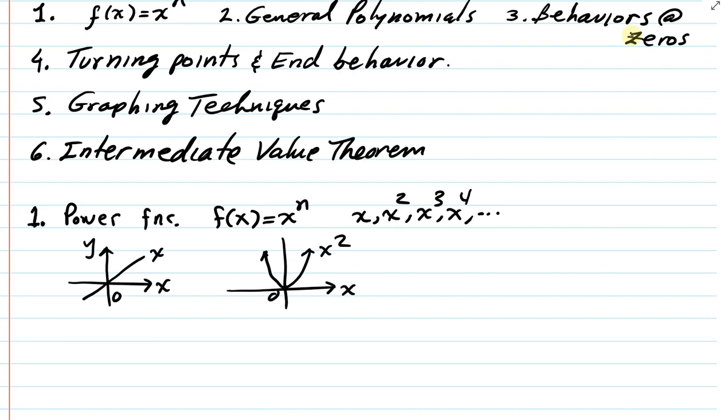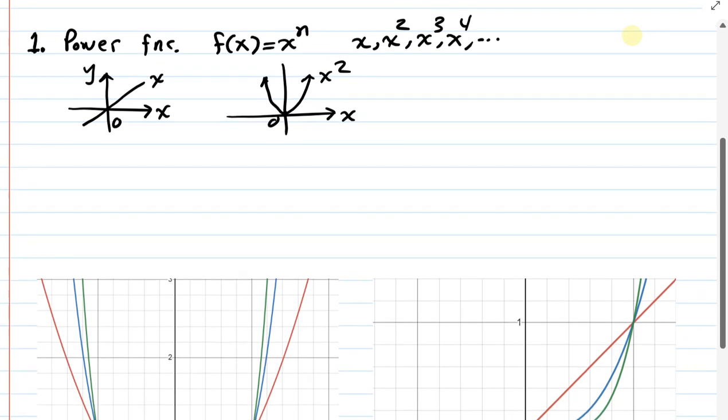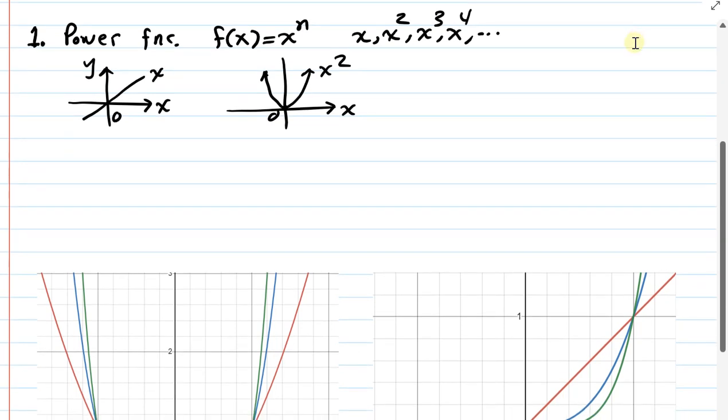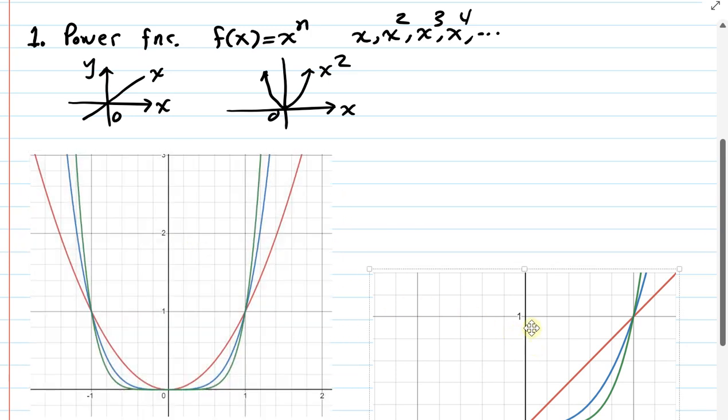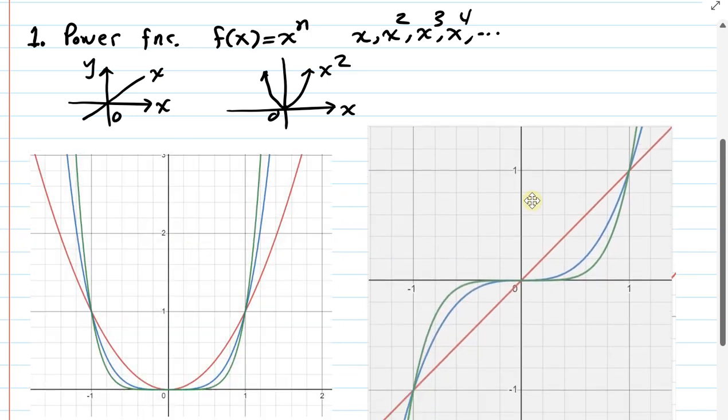We have seen that one before. So what happens as the power increases for these polynomial functions? I have graphed these for us. Let me bring these up for you, so you can see if we can generalize some interesting facts about these power functions.